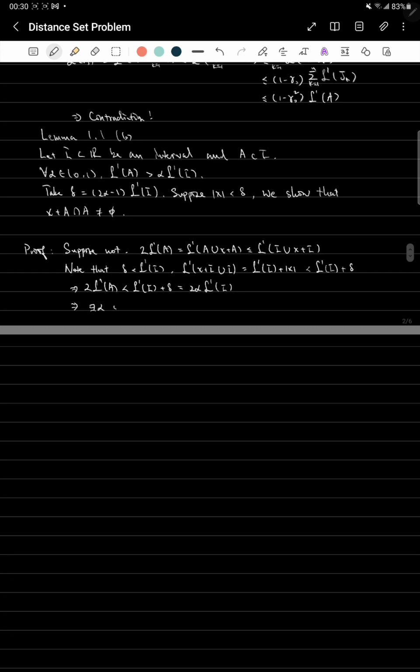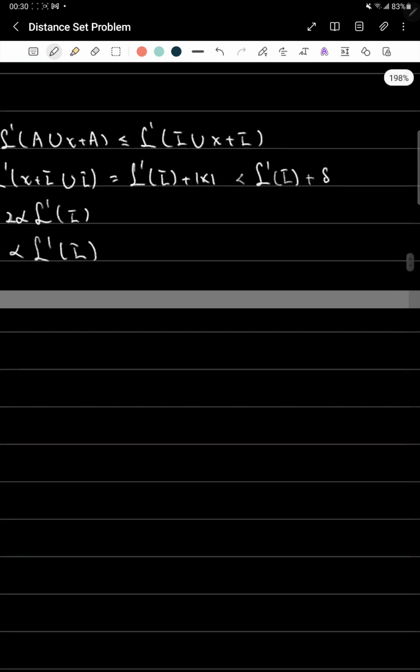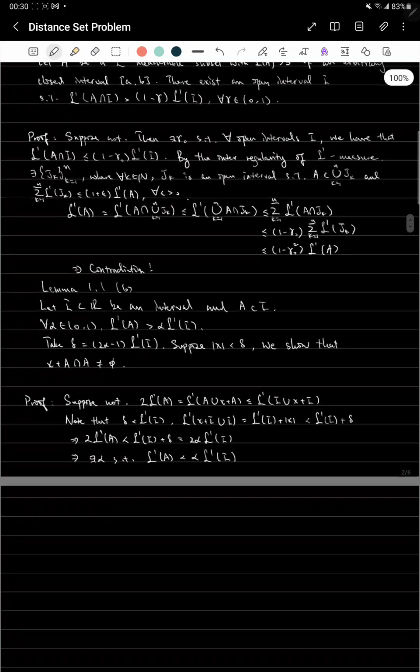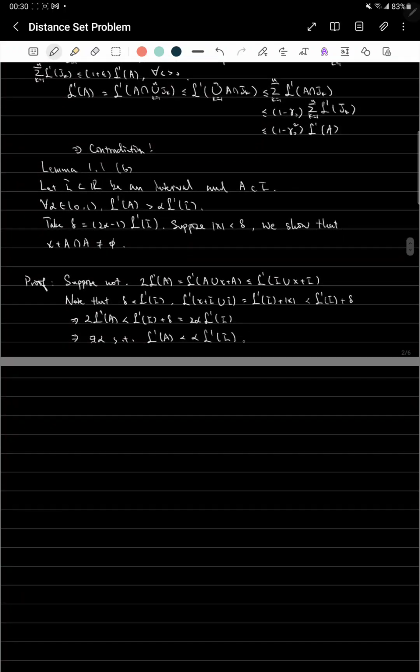There exists some alpha such that this thing holds, which by assumption and the previous lemma is impossible. And contradiction arises.